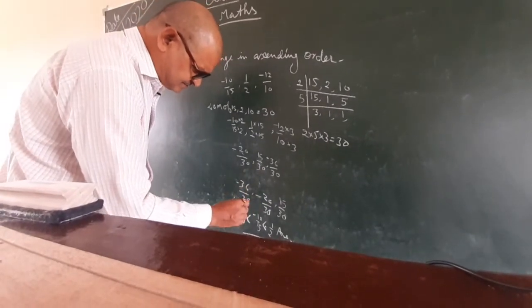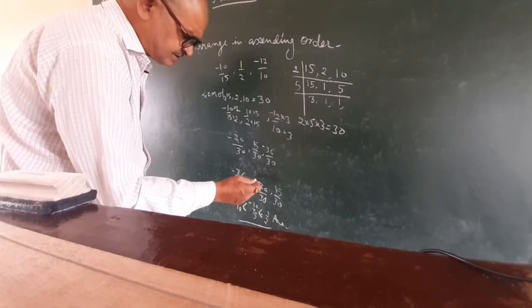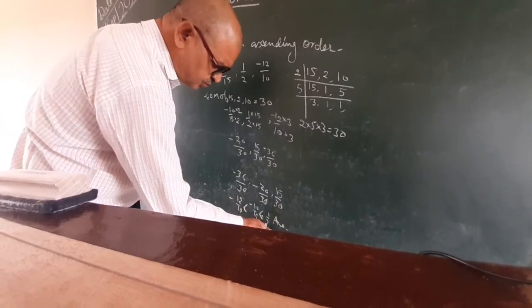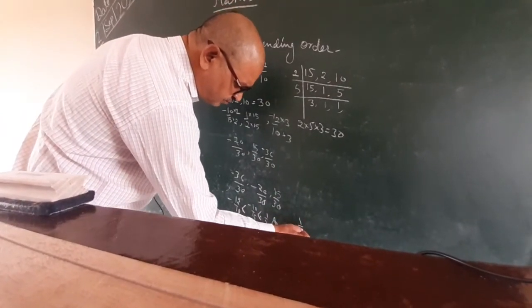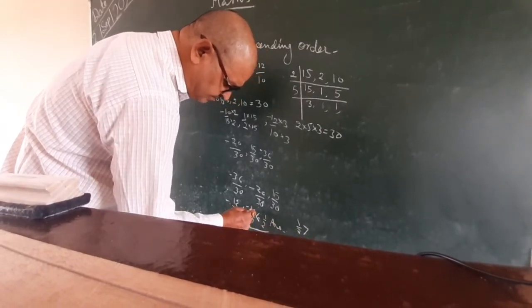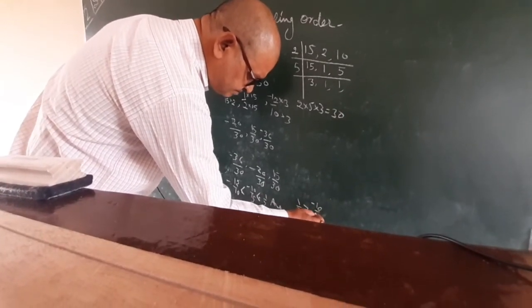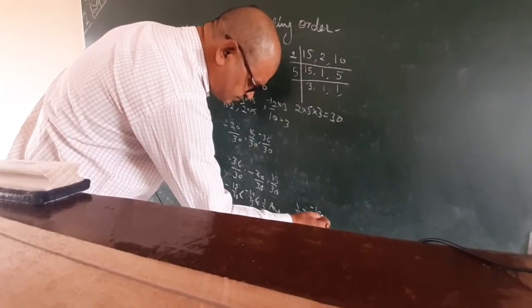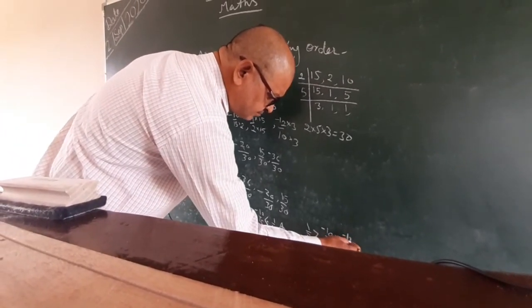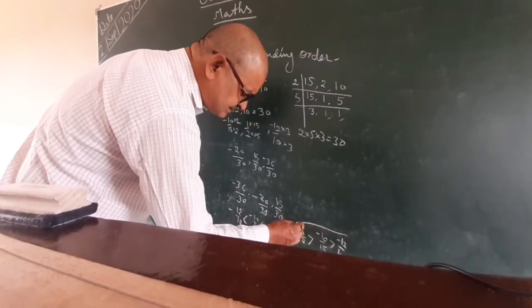But at last, we write the greater number first: 1/2, then -10/15, then -12/10.